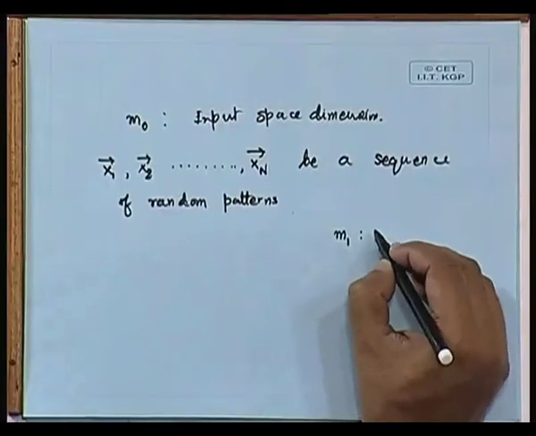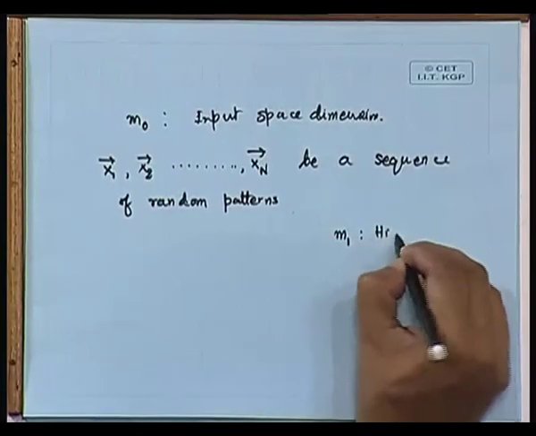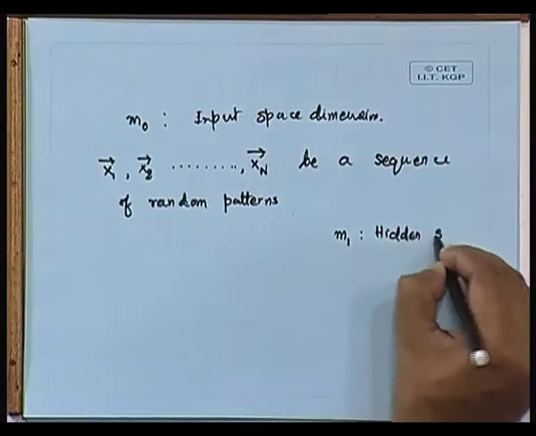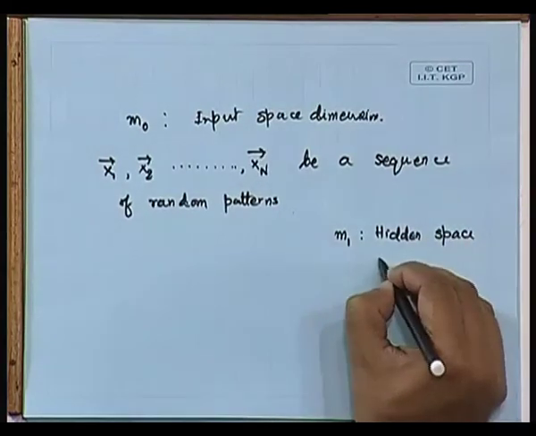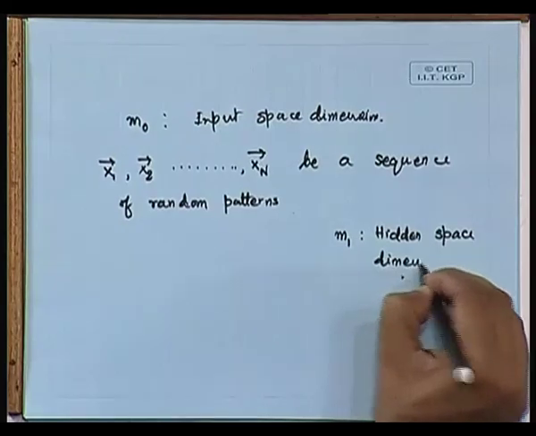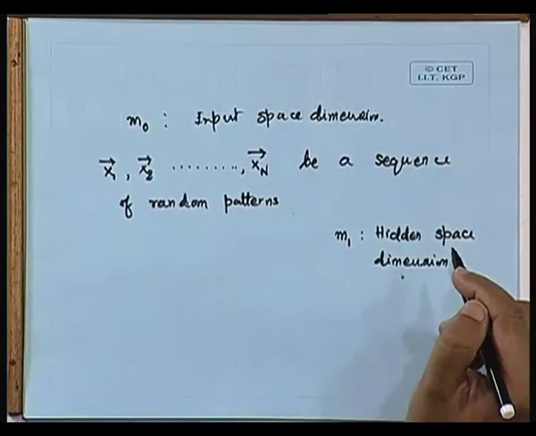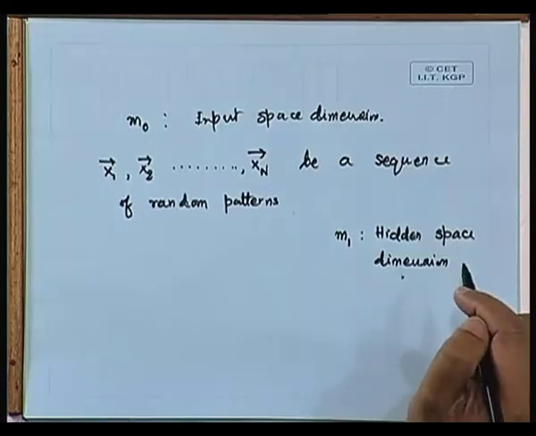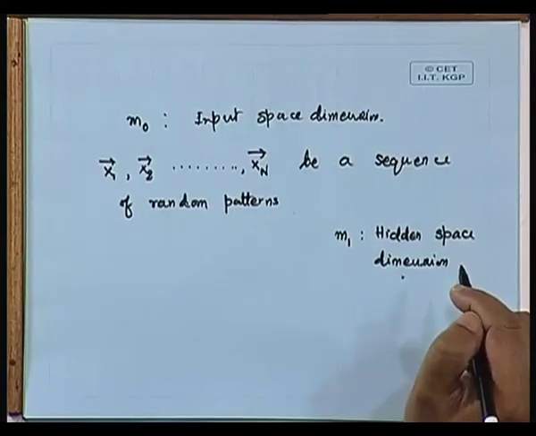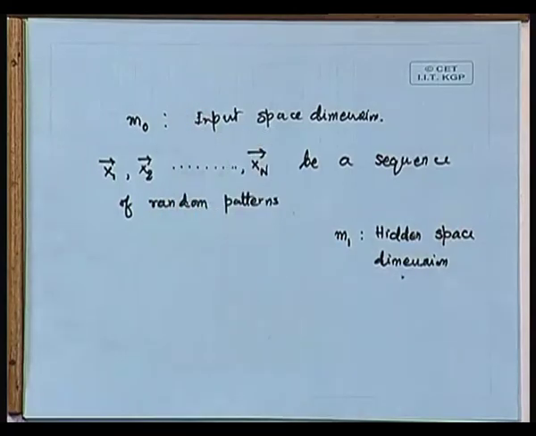There we were keeping M1, that is to say the dimensionality of the hidden space. While proving Cover's theorem, we were taking the hidden space dimensionality to be one of the variables, and then showed that as M1 increases, the probability of separation improves.